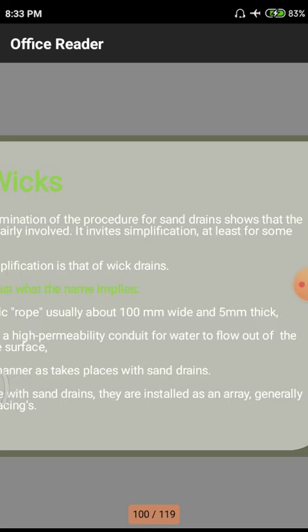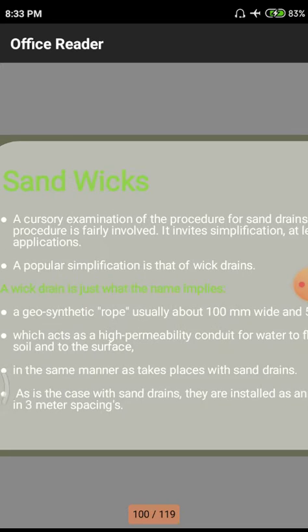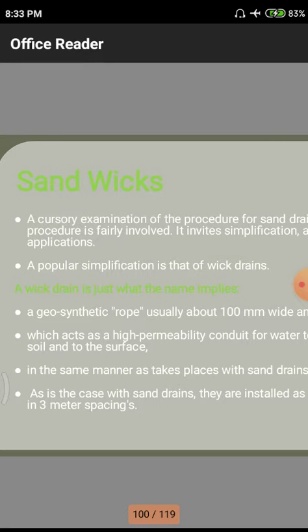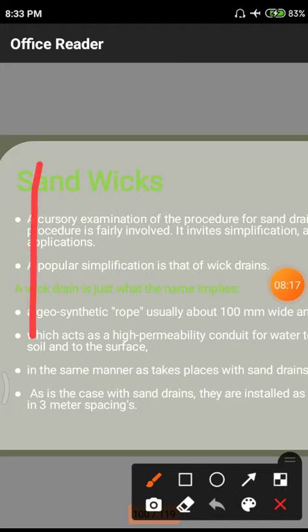So 100 mm means a 10 centimeter width of rope, with 5 mm thickness. This has high permeability, which means it will absorb a huge amount of water and transmit it from one field to another. We have n number of drains.